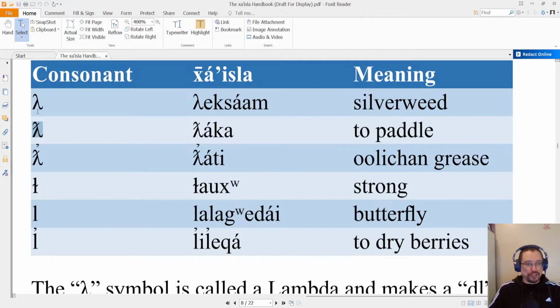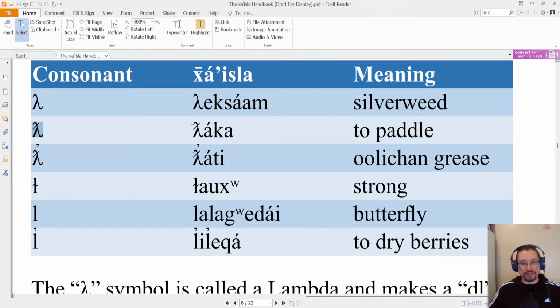The next symbol is the same as the lambda, but it has a line going through the middle of it. This is called a barred lambda, sometimes referred to as the running man, because he does look like a man that's running. Here's his legs, here's his arms, here's his head. You can call it whatever you want. Again, don't feel like you have to memorize all of the technical terms. I use a lot of the linguistic terminology because it's easier for me when I'm teaching, since I have to call all of these things by some kind of name.